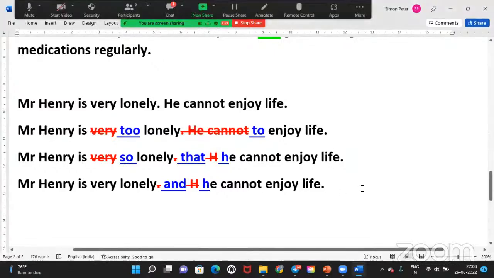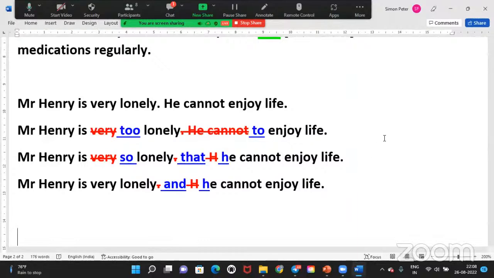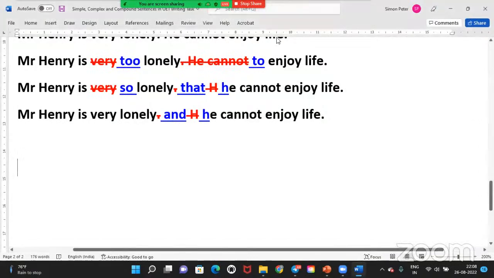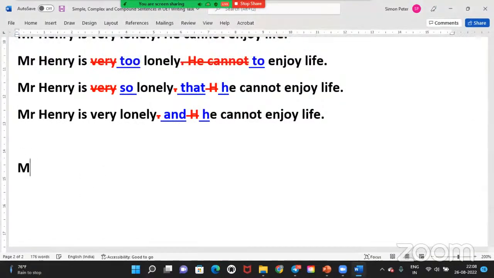Now, for example, there are some patients. Another example. One patient, Mrs. Margaret, is very poor.